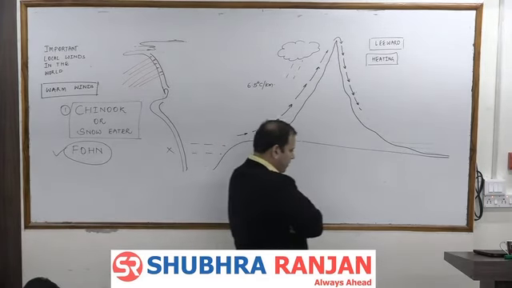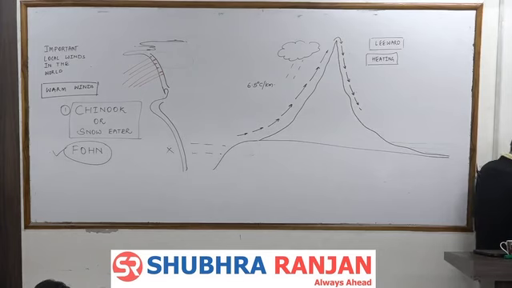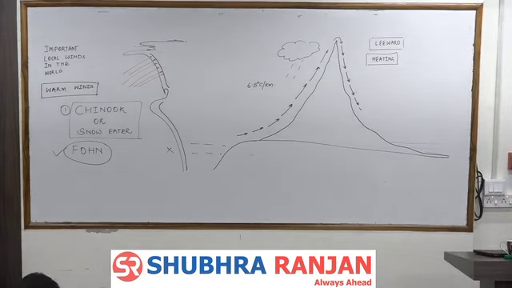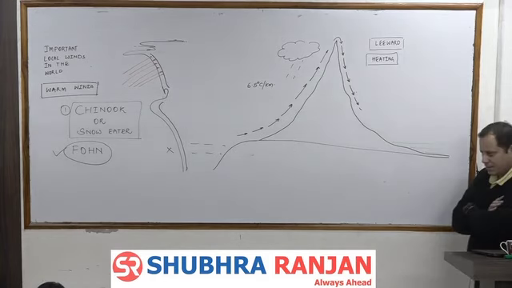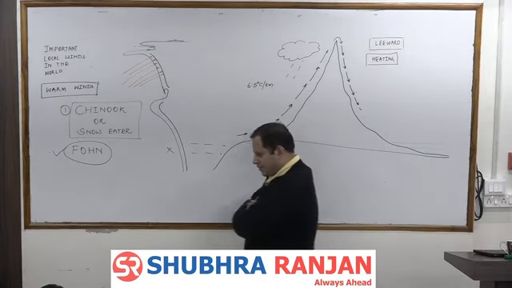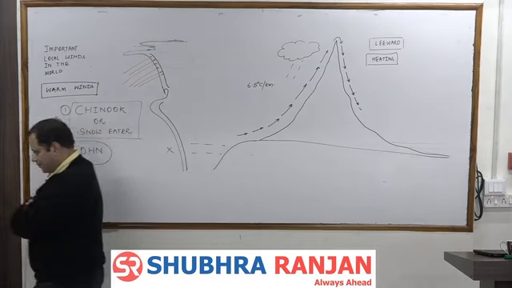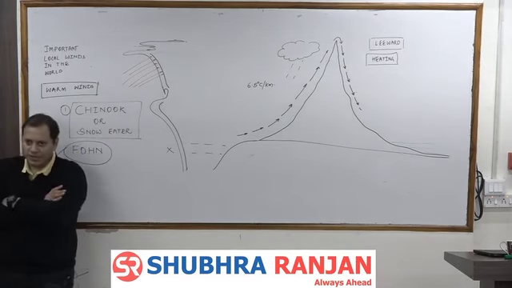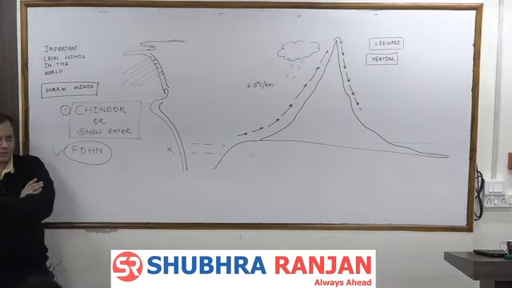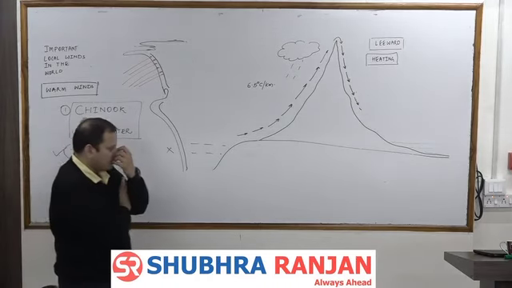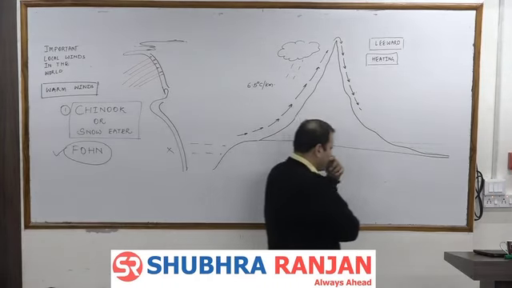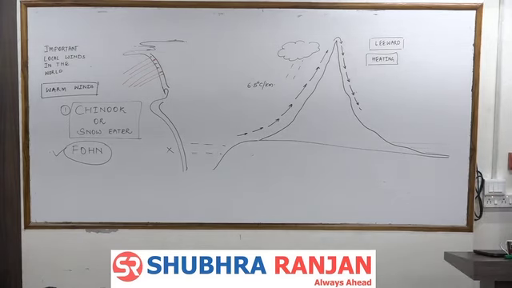The winds after crossing the Rockies, descend on the leeward side or the eastern slope of the Rockies. Descend, come down. Descend on the eastern side or the leeward slope of the Rockies. Full stop.